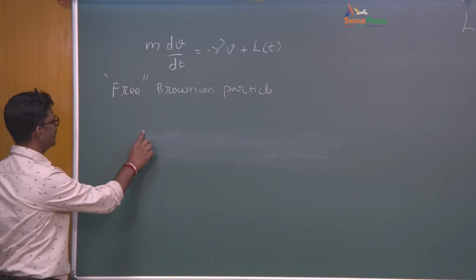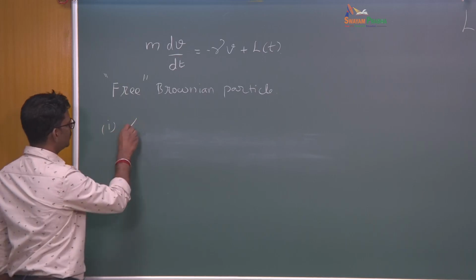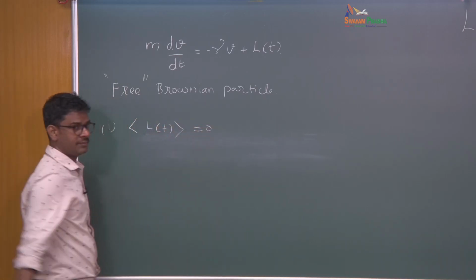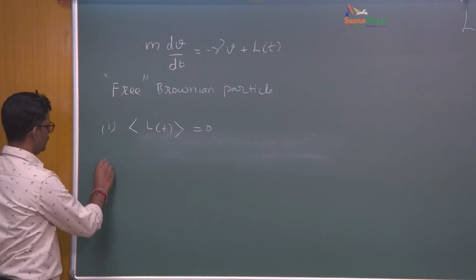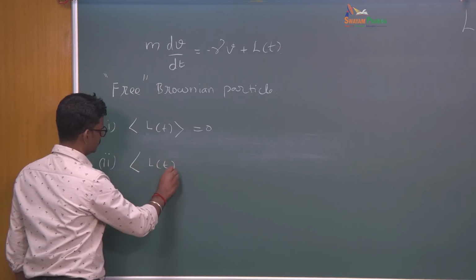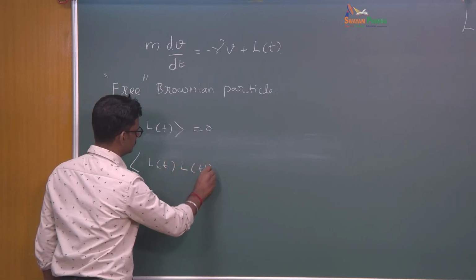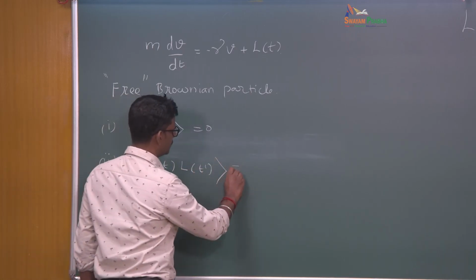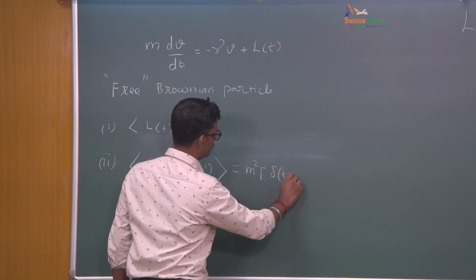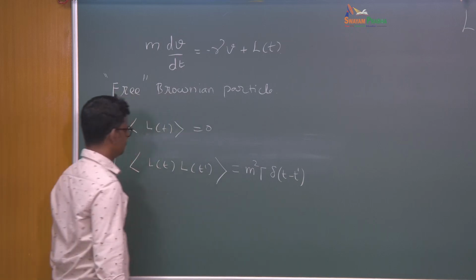So we said that the mean of this force is 0, and the autocorrelation function for this was given as m square gamma delta of t minus t prime.